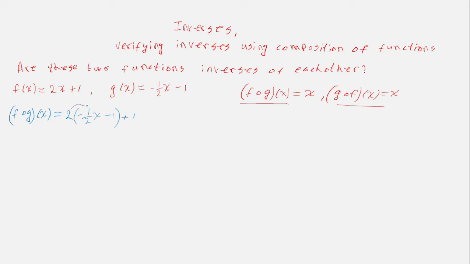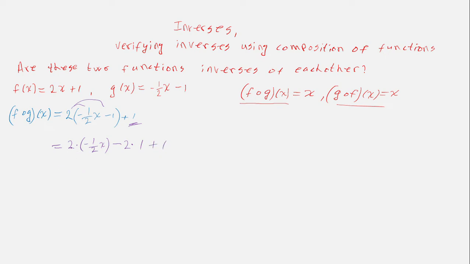Next step would be to distribute this 2, right? So if we distribute it, we get 2 times negative 1/2 x minus 2 times 1, and then we still have this plus 1, right?